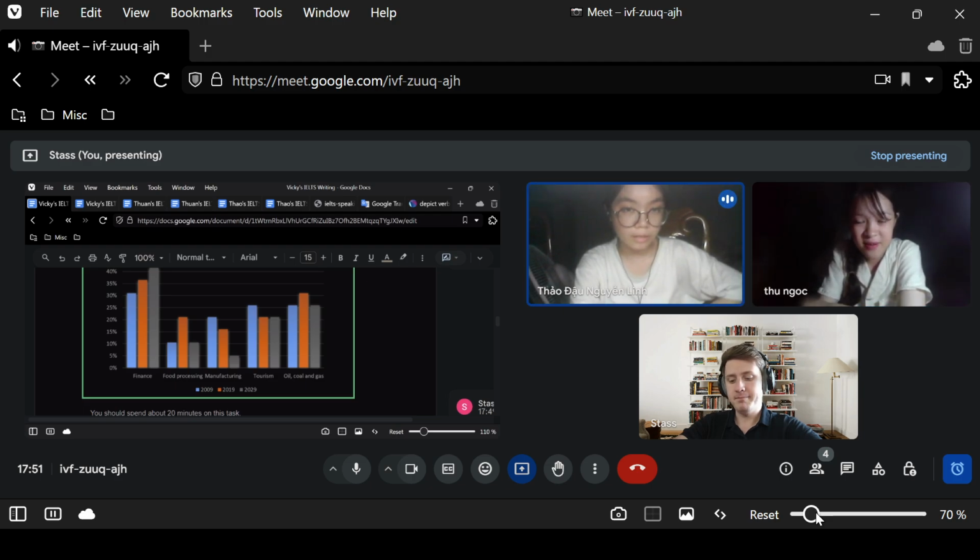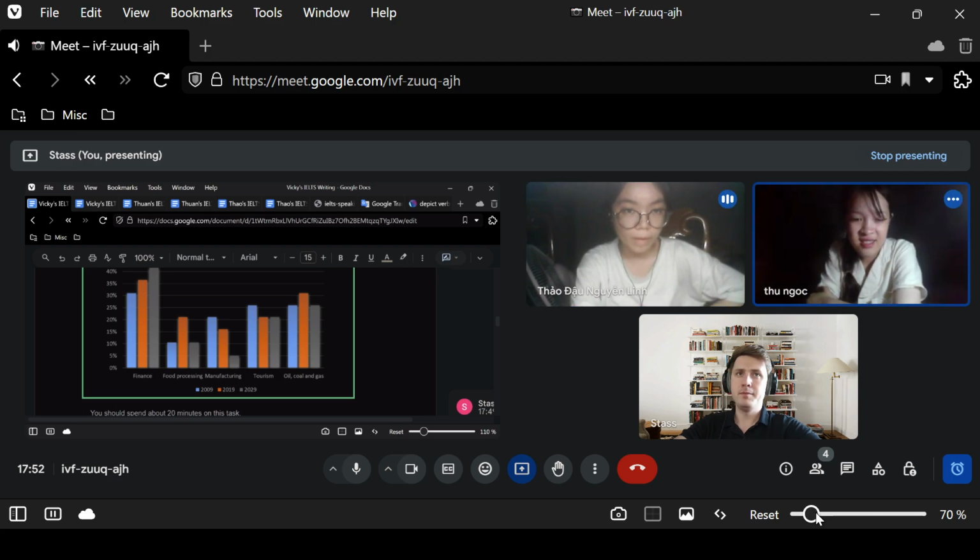In 2019 is the highest point, and in the year 2009 it has remained unchanged.